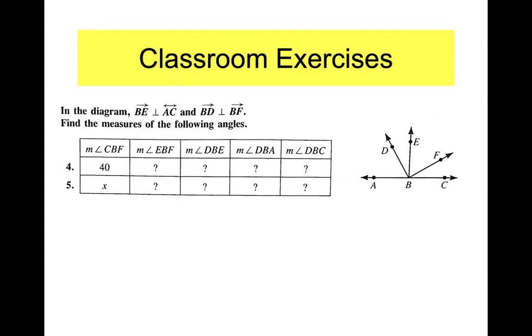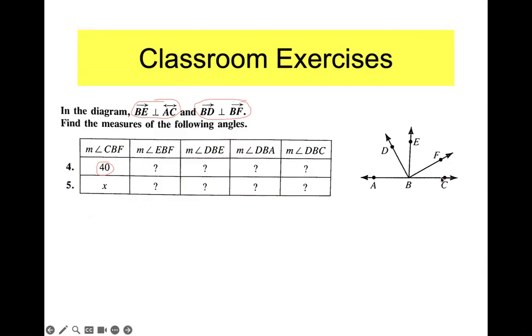Lastly, and I always get questions on this, our book loves tables. It loves giving you problems with tables. So let's see this table. First off, we're told that these two rays and this line are perpendicular and these two rays are perpendicular. And then it gives you a number and says angle CBF is 40.